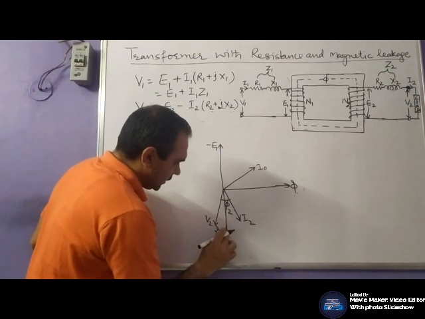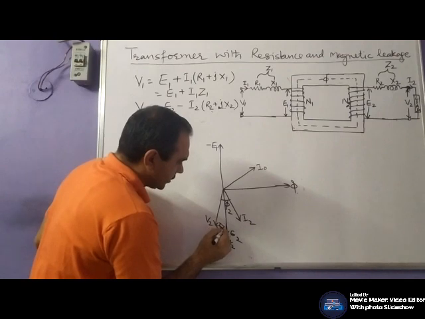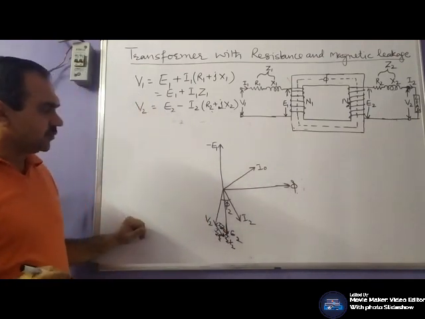This will be I2 X2, and this will be the E2, and this will be I2 Z2.